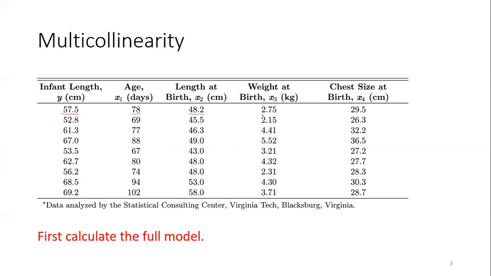His weight at birth was 2.75, and his chest size was 29.5. So this baby is a huge one, right? He's 5.5 kilos with 49 centimeters long and 36.5 centimeters chest size. And his length now is 67 centimeters.